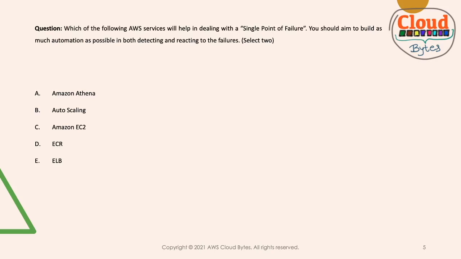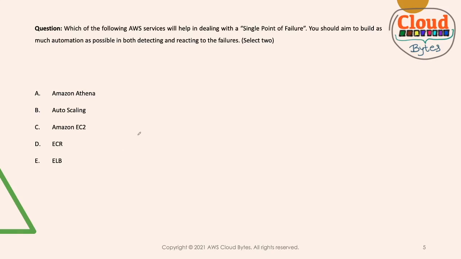So looking at this question, we have to select two items out of these. And the thing we have to keep in mind is that there shouldn't be a single point of failure. Anything that can reduce single point of failure. So we can go through each of these items.